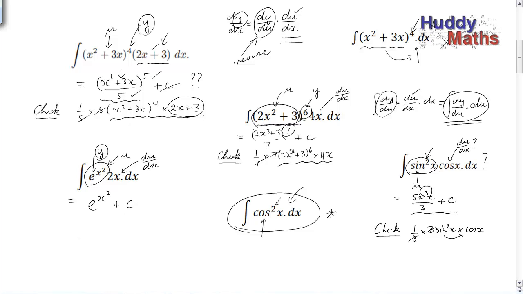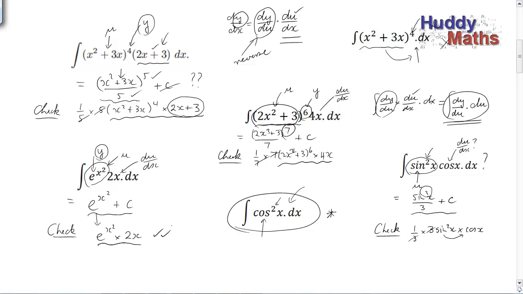So that should be our answer, just like that. Okay, let's do a check to get the derivative. The derivative of e is itself, but then we must multiply by the derivative of the power, which is 2x. Okay, and therefore, oops, we don't need a plus c on differentiation. Derivative of the c is nothing. So here it checks. All right, are you getting the idea?